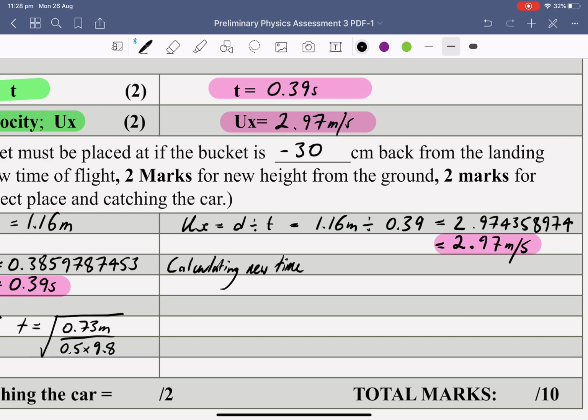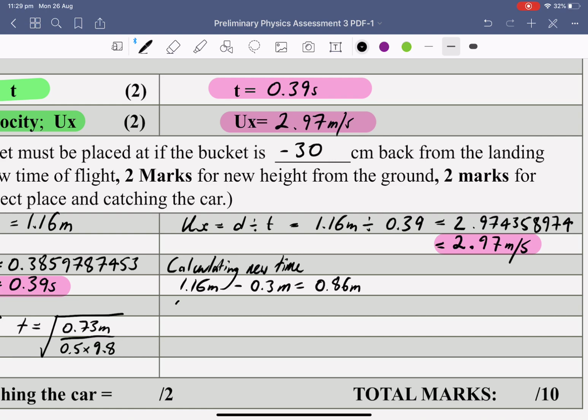We're going to get what the projectile used to go, which is 1.16 meters, and take off 30 centimeters. So 1.16 meters less 0.3 meters equals 0.86 meters. So that's our new range.